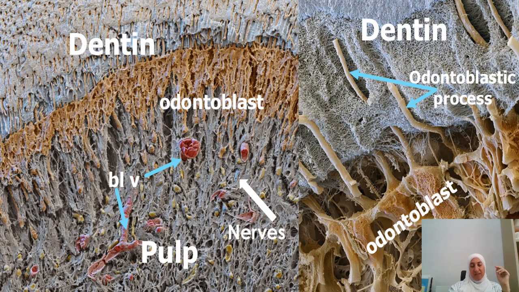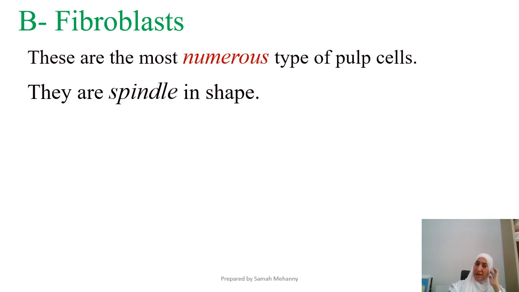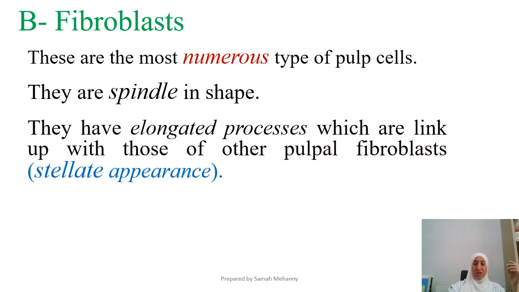This scanning microscope image shows the pulp core with multiple nerves and blood vessels and odontoblasts at the periphery of the pulp and the odontoblastic processes that extend into the dentinal tubules. Regarding the fibroblasts, of course, they are numerous. They are spindle in shape. As we mentioned, if we view the cells laterally, they appear spindle shaped, like my hand.